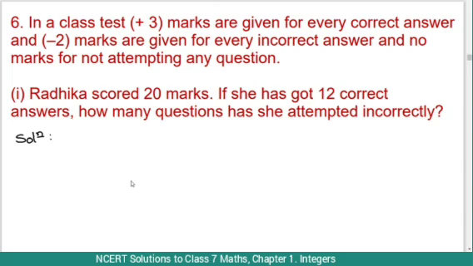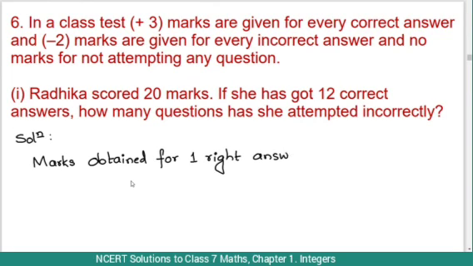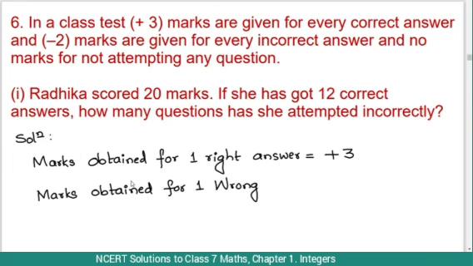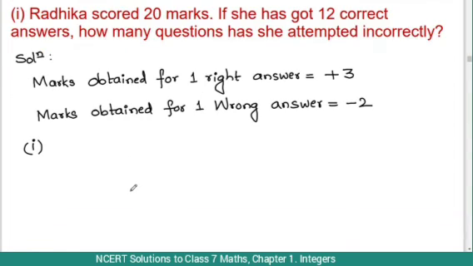Solution. Marks obtained for one right answer is equal to plus 3 and marks obtained for one wrong answer is equal to minus 2. So first it is given that Radhika scored 20 marks.